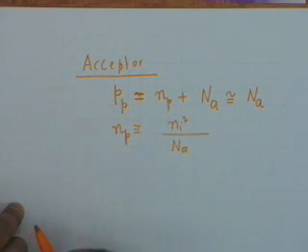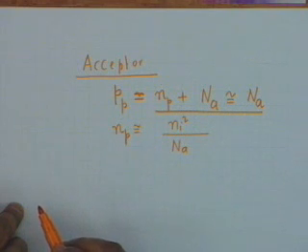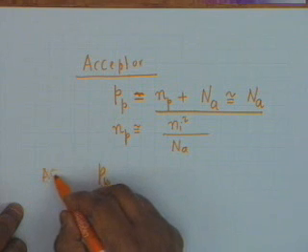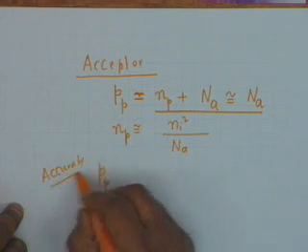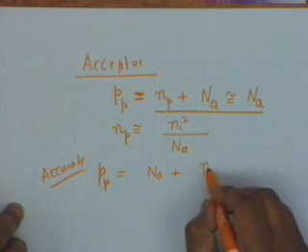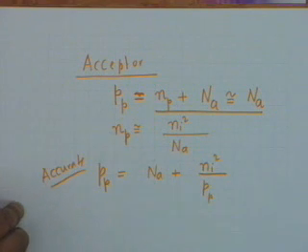Here again, if the assumption leading to this is not valid, then you shall have to solve the quadratic equation. The accurate equation is that Pp is equal to Na plus Ni squared divided by Pp. All right, this gives the concentration of the P and N types of carriers in a doped semiconductor.